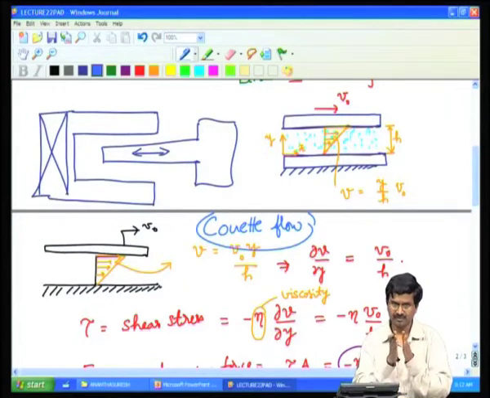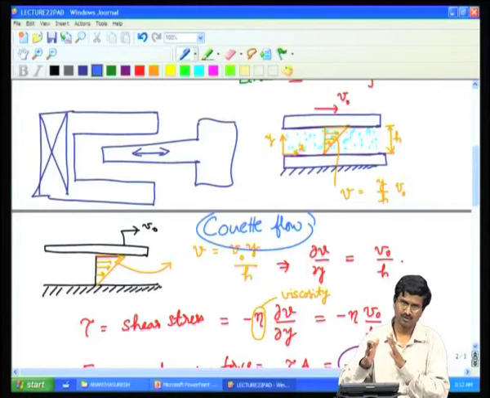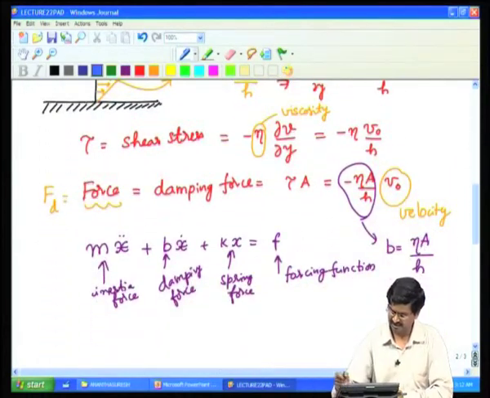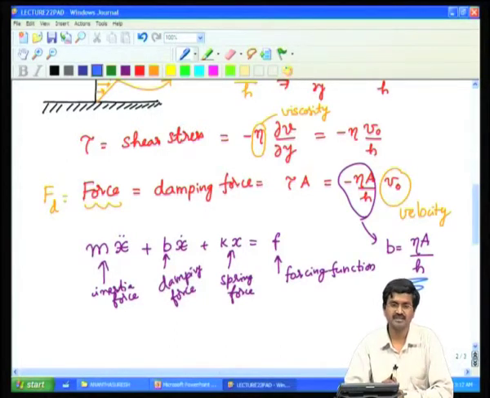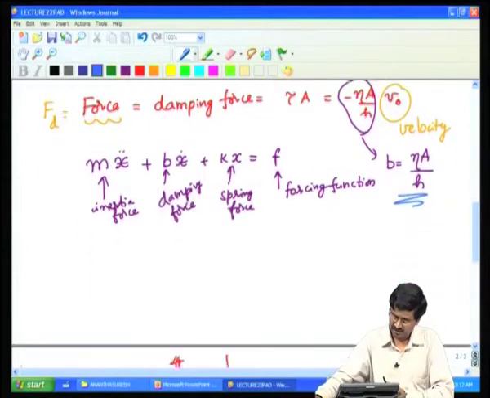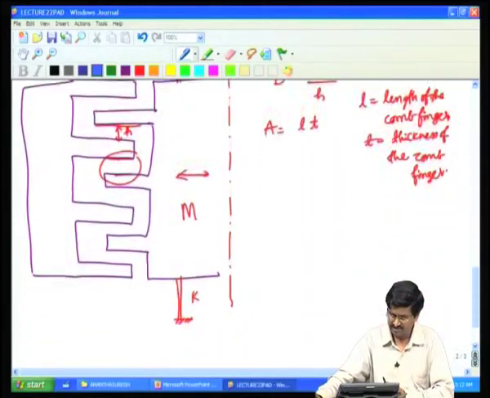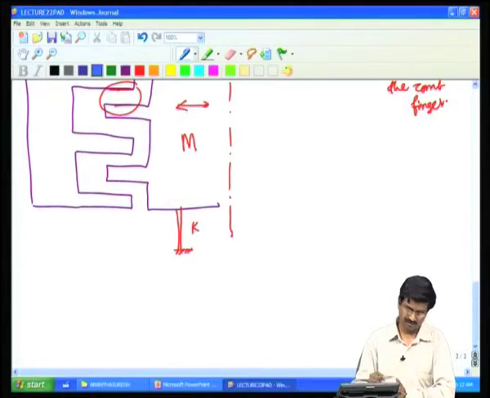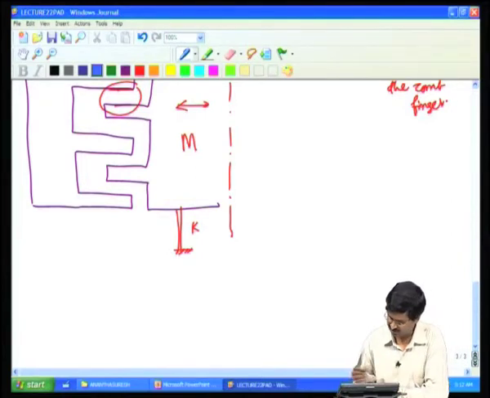Under Couette flow, which happens in accelerometers and comb drives and many other devices, we can put an equivalent damping like a lumped constant, that is eta viscosity times area of cross section divided by the gap between the fixed surface and the moving surface. Now, there are a lot more things that we need to consider when it comes to fluid mechanics, but we will consider another flow.